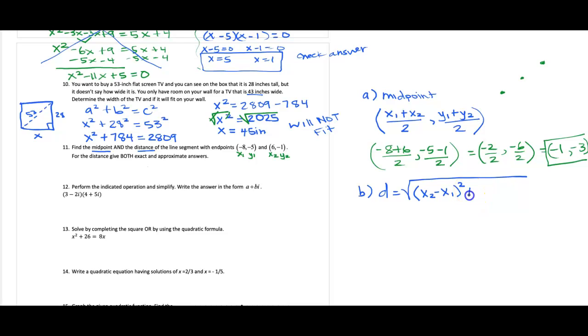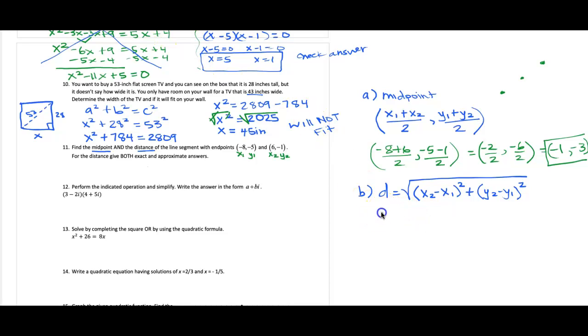And then plus our y values subtracted from each other. So y2 minus y1 all squared. Okay, so that is the formula. And now again, we're just plugging those numbers into it. If you don't have this formula memorized, it's going to be really hard to put those in.